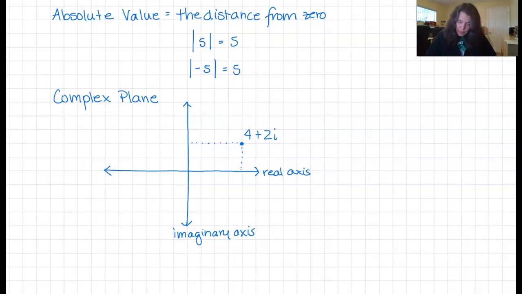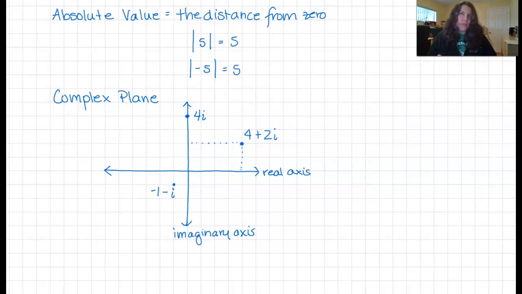Nice and simple. This number right here, think about what that would be. That would be negative 1 minus 1i. Or think about what this would be if I'm just right there on the imaginary axis. If you were thinking i, you are correct.